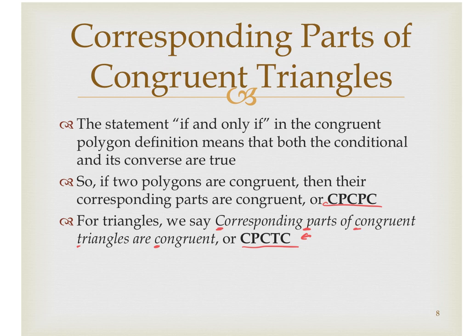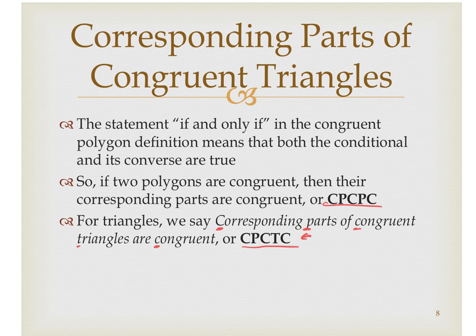So this is going backwards. The definition tells you that if the pieces are congruent, then the triangle is congruent. CPCTC tells you that if the triangle is congruent, then the pieces are congruent. It's just one way you go backwards. This is going to be really important in proofs when you're trying to prove information of congruent triangles are congruent.